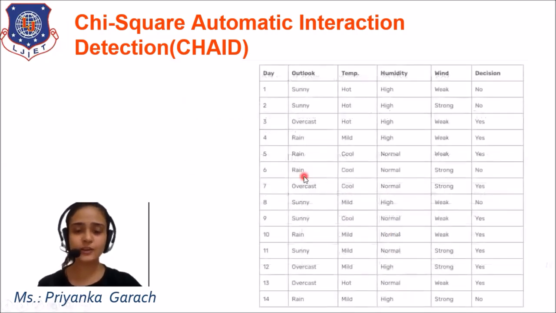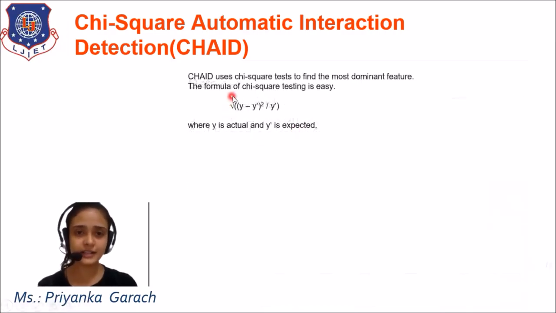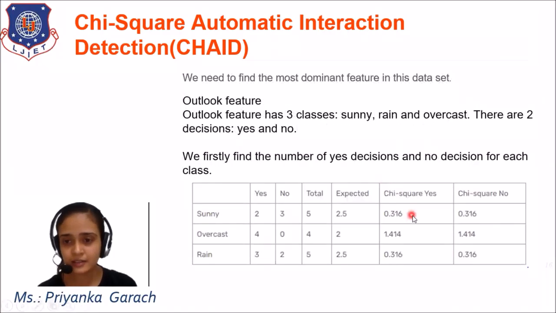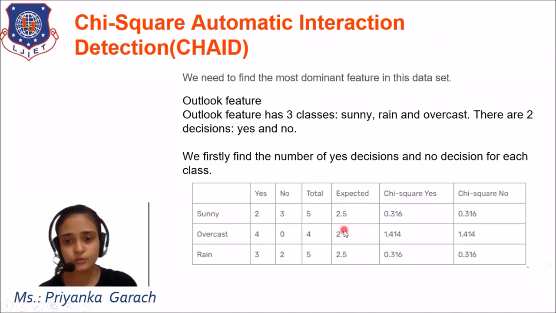What is the chi-square value that we have seen? The chi-square value is given like this: the square root of (y minus y dash) the whole square divided by y dash. So let's see it worked out. For example, the chi-square yes for sunny outlook is 0.316. How did it come? It came from the square root of (2 minus 2.5) squared divided by 2.5. What is 2?